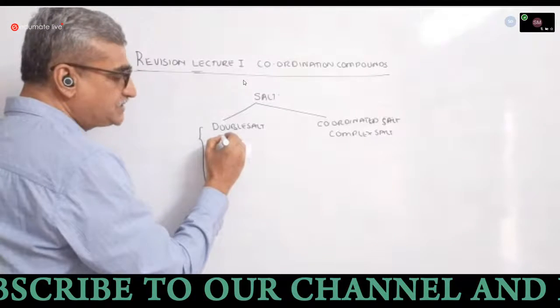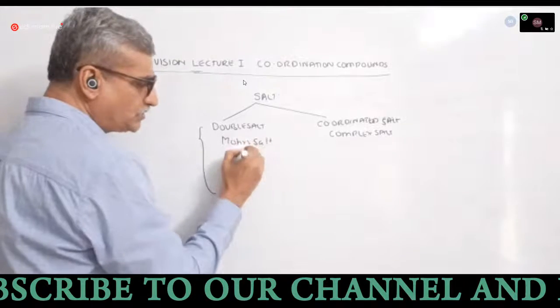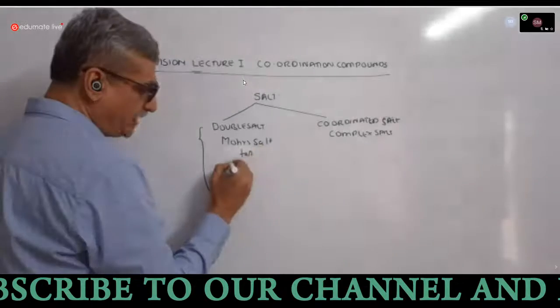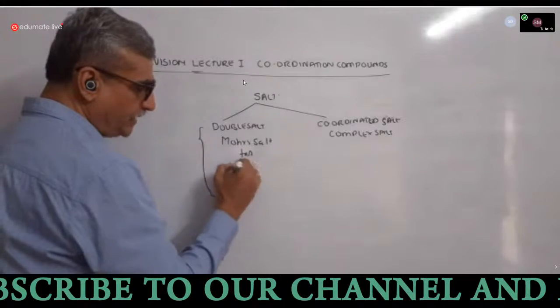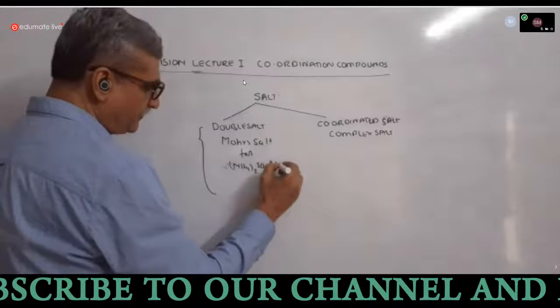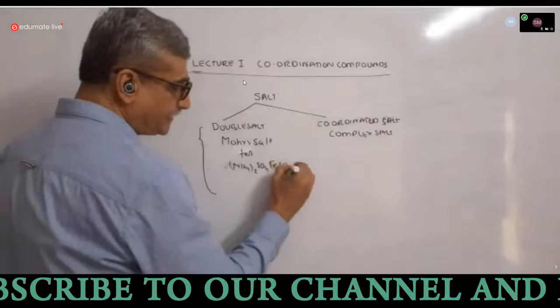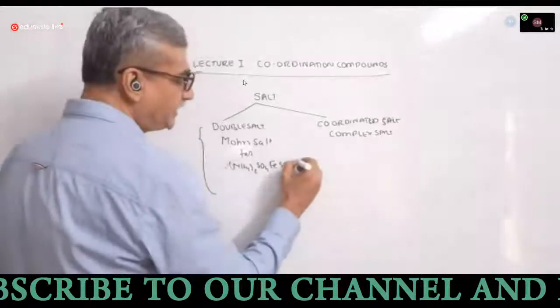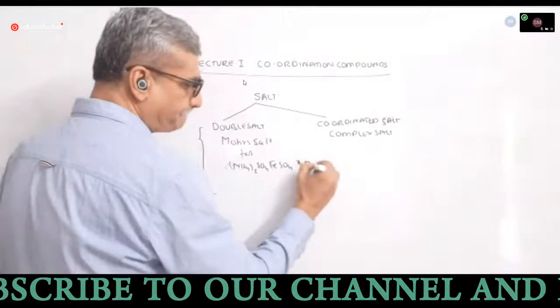So you have double salt, for example Mohr's salt. Mohr's salt is ferrous ammonium sulfate. So you have ammonium sulfate, (NH4)2SO4, and ferrous sulfate, FeSO4, with some amount of H2O.